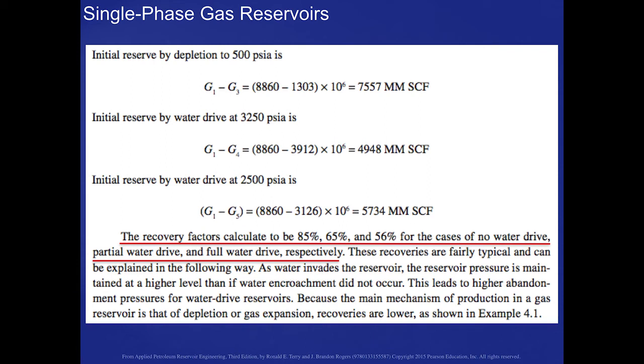You'll note that the recovery factors calculate to be 85% for the depletion by gas drive down to 500 psia, 65%, and 56%. And you can see what the effect of the water encroachment is on the recovery. The water encroachment retards the pressure drop and doesn't allow the gas to expand as much, and therefore we don't produce as much of the gas when we have that water drive.